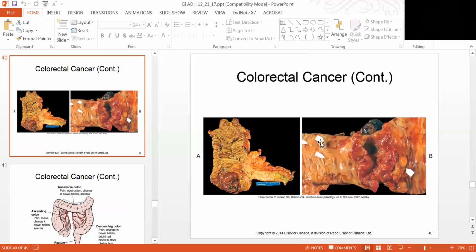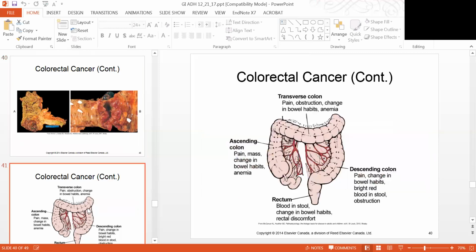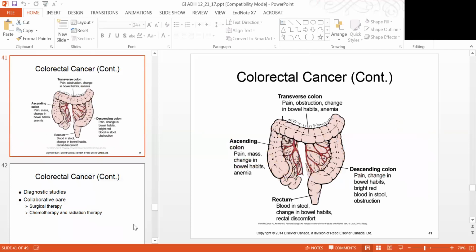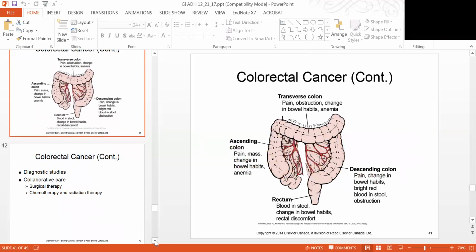This is actually the cecum, and you can see the cancer. This whole bowel is all cancer, but it hasn't caused obstruction yet. As cancer advances, you will get pain. There's a mass, there's change in that. You can actually palpate a mass or see it on a scan.